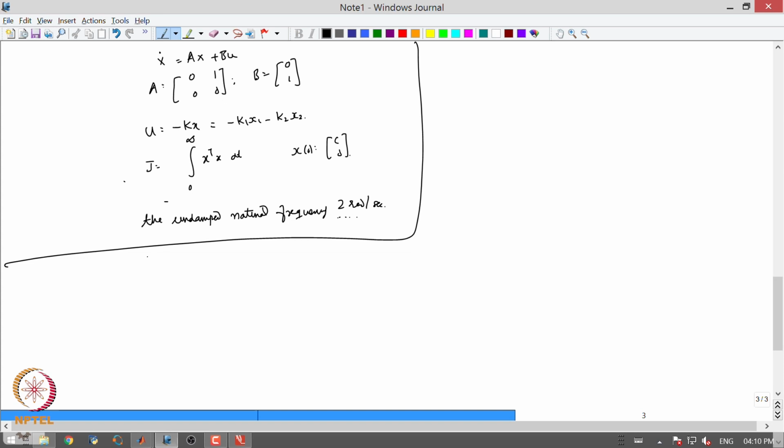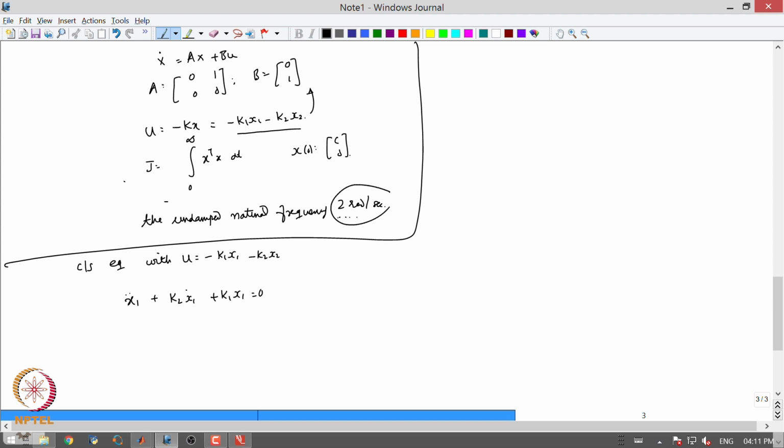So, substituting the control law u equal to minus k1 x1 minus k2 x2, I find out first the characteristic equation. So, I have x1 double dot plus k2 x1 dot plus k1 x1 equal to 0.